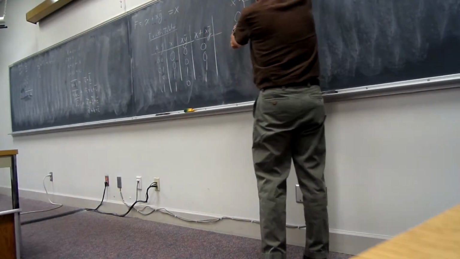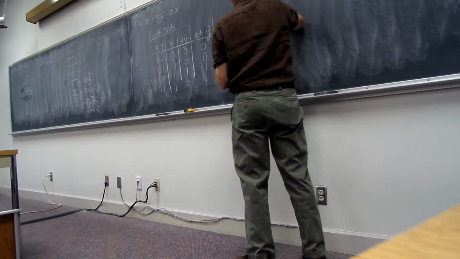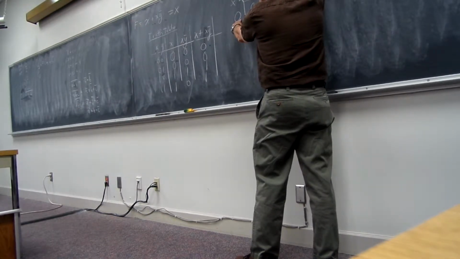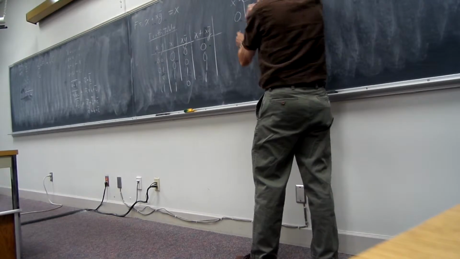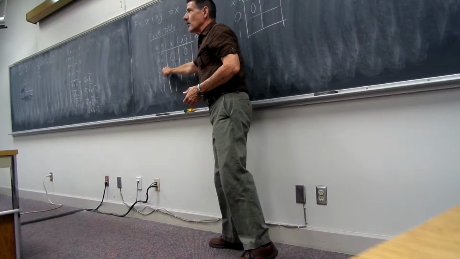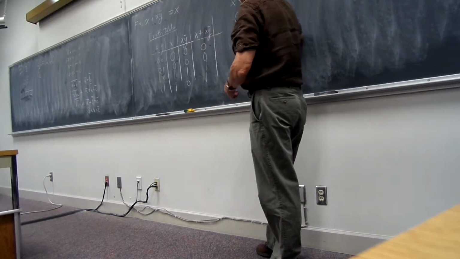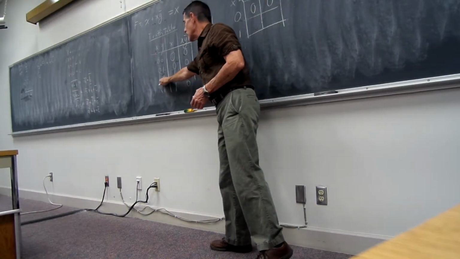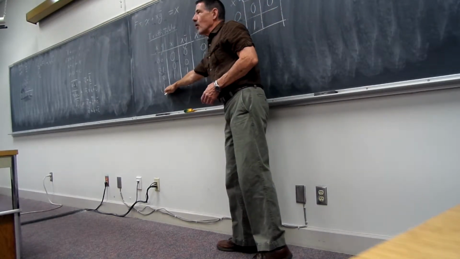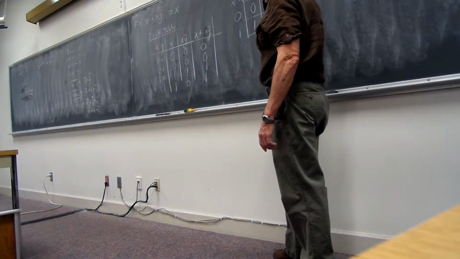So 0, 0 going in, what's my function? 0. 0, 1, what's my function? 0. 1 and 0, which is this guy here, what's the output? 1. 1 and 1, which is this cell, another 1.